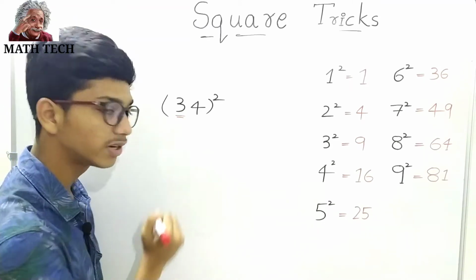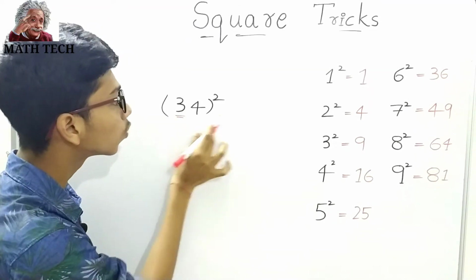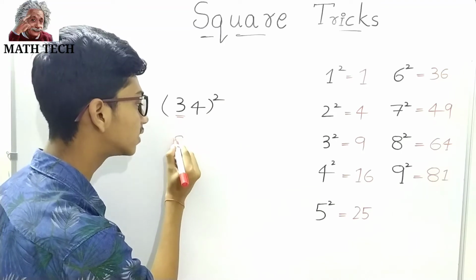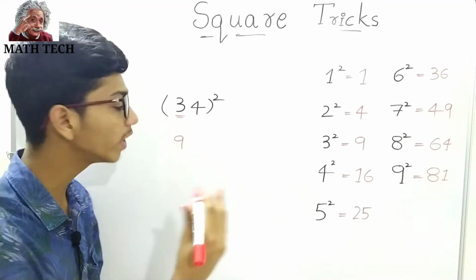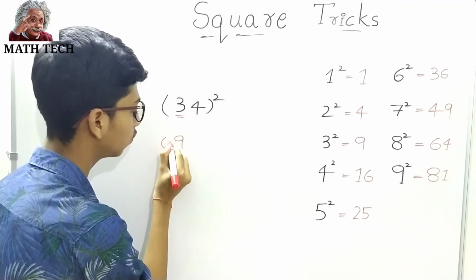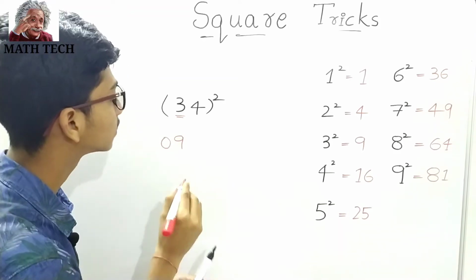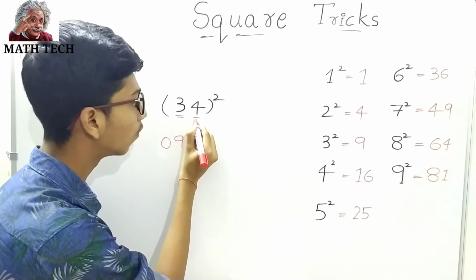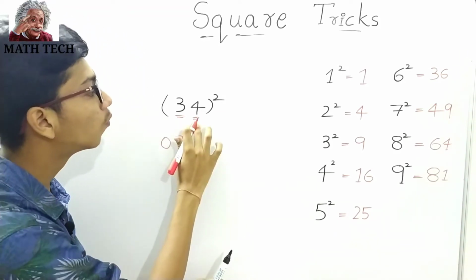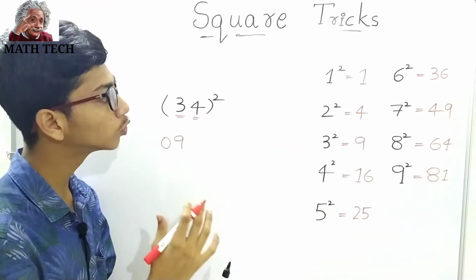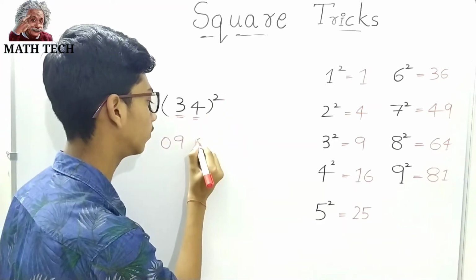The tens digit term is 3 here. So 3 square is 9, but it is a single digit, so we write 09. The second step is to choose the ones digit term and square it. 4 square is 16. It is a 2-digit term, so we can write 16.